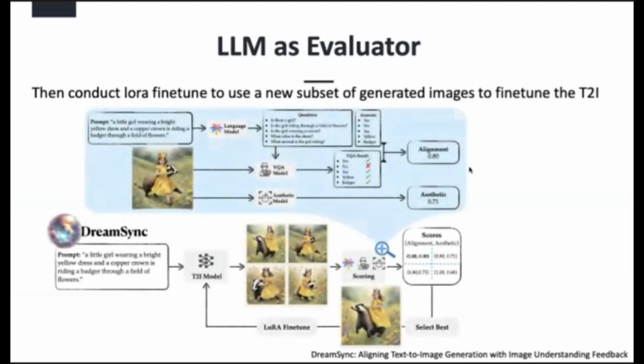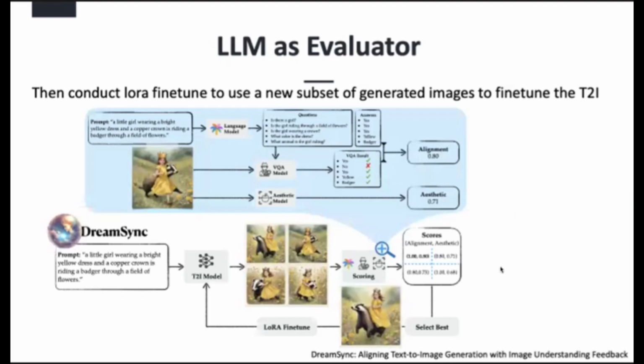And after we get the semantic alignment score of each generated image, we can filter the generated results and obtain a new subset of generated images with very high semantic alignment scores. And then we use this subset to directly fine-tune the text-to-image model.